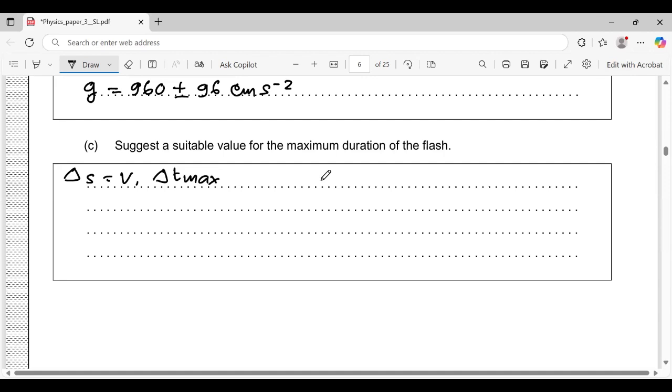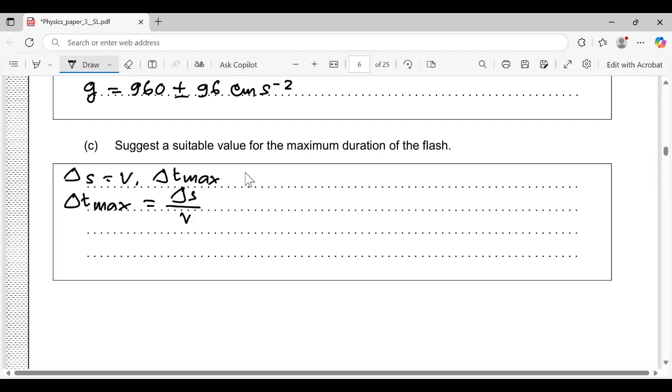Delta meaning change. So delta T maximum equals delta s over v.